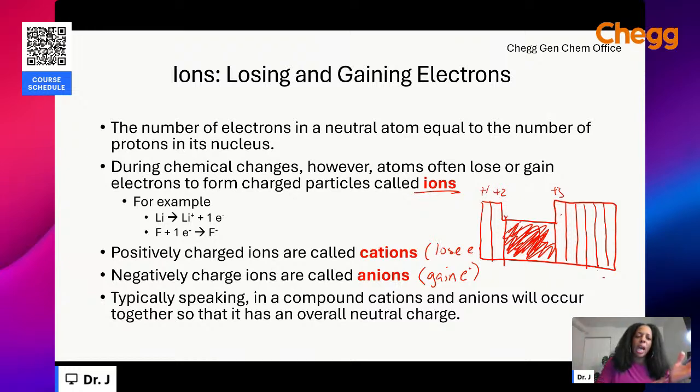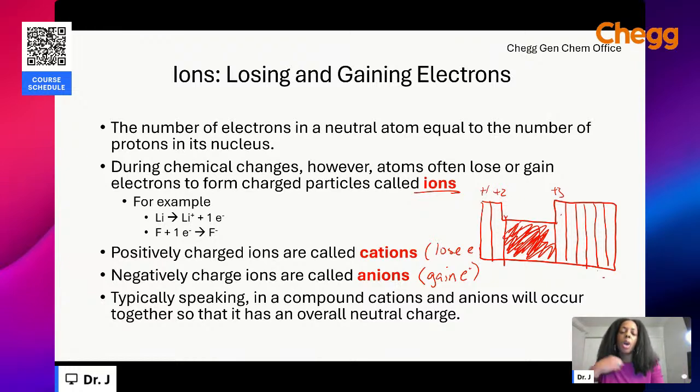Now on the flip side, go all the way to like group 7, where your fluorine, chlorine, bromine are. Well, they have 7 electrons. Now it's a lot more difficult to kick those 7 out versus getting 1 more to come over, okay? And so now, instead of kicking out all 7, it's going to gain 1 electron so it can have a full octet, a full valence shell.